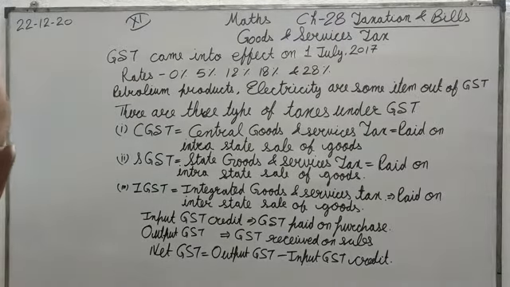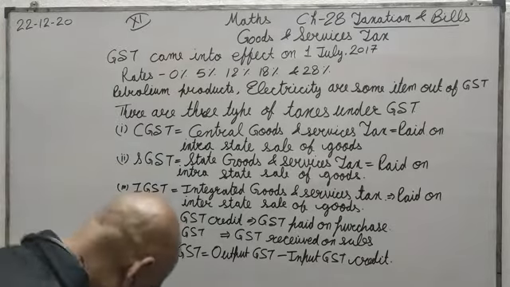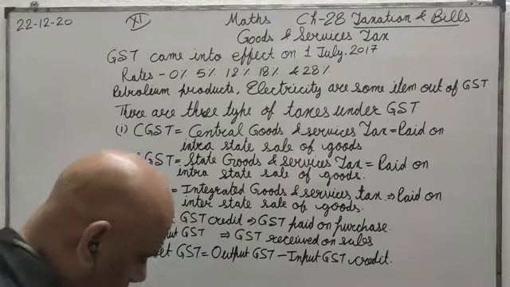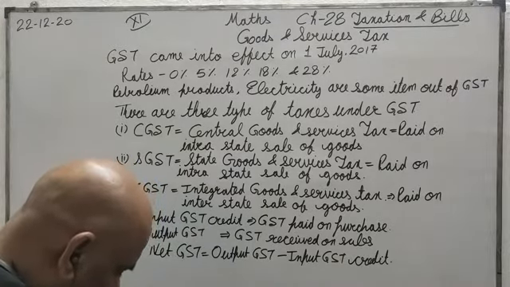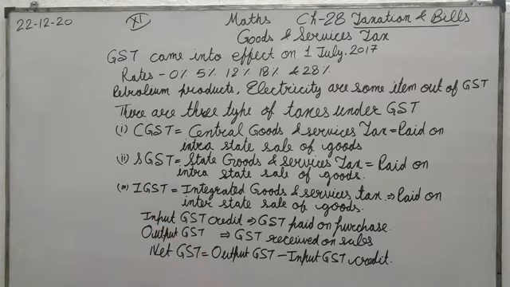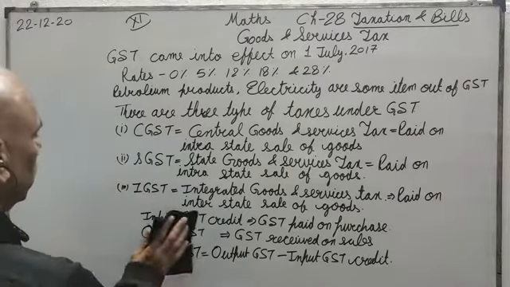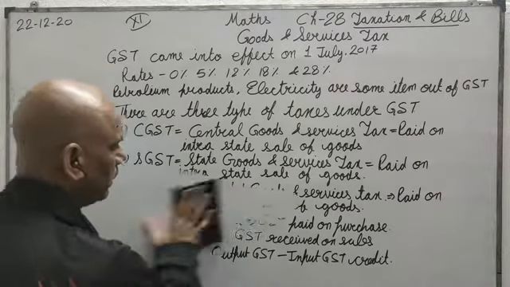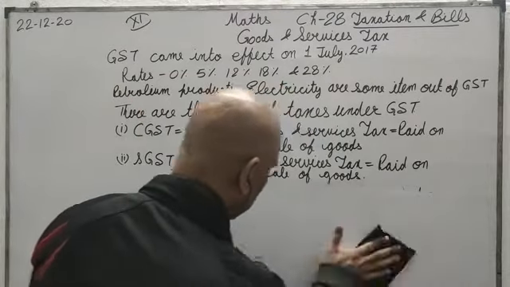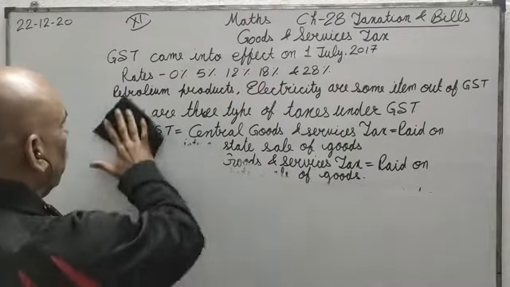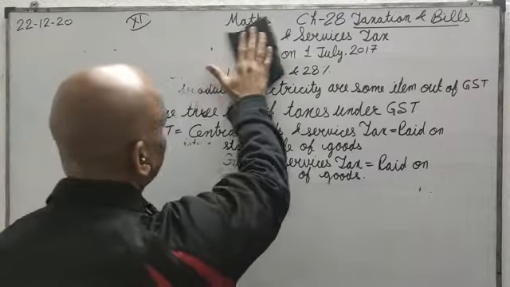These are a few terms, quite important for questions, and quite practical things you will notice around yourself. So let's have a look at how GST is calculated on various sales and purchases.